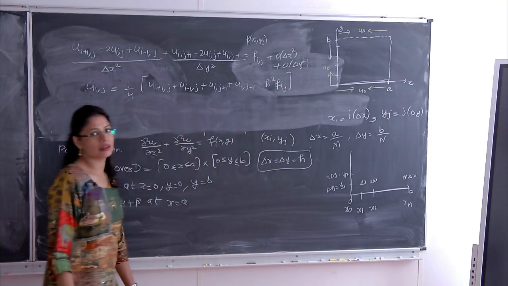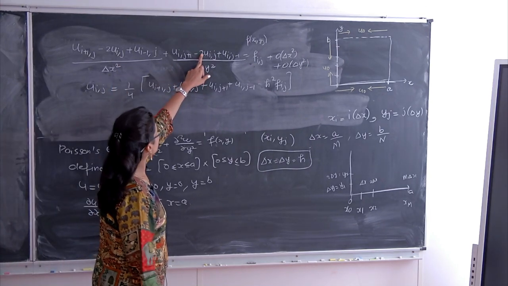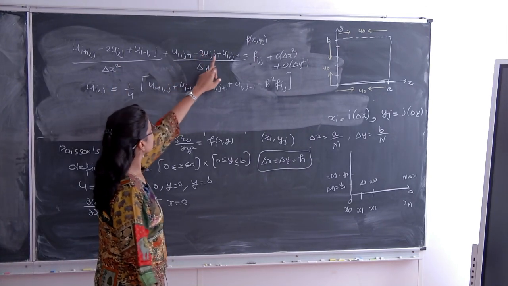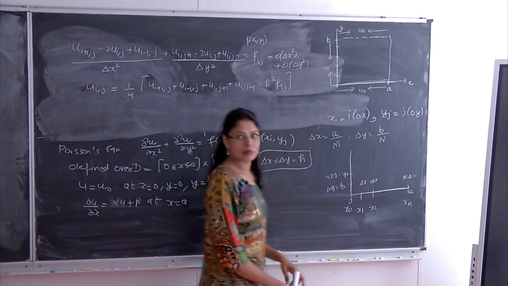This is our formula. I am combining these terms, taking them to the other side, and the other terms on the other side. So this is our final numerical scheme.